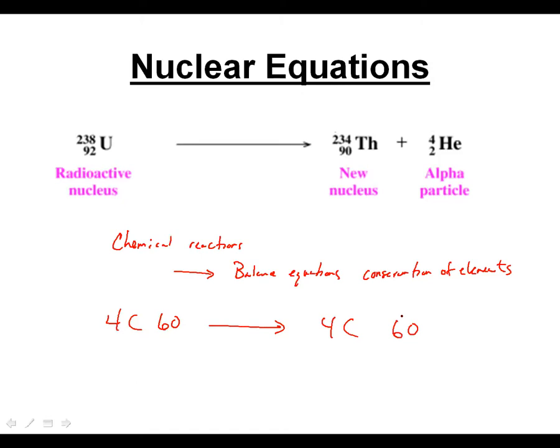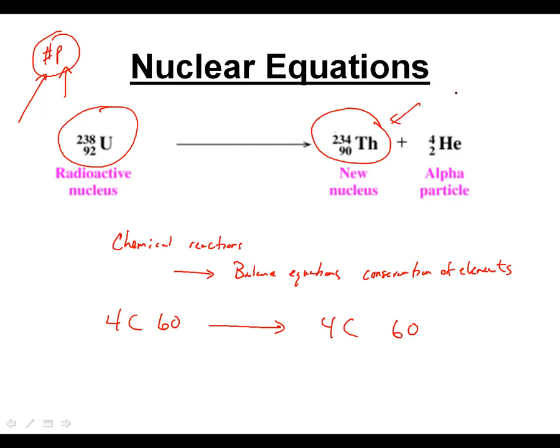And remember that the thing that determines whether or not we keep the same element is the number of protons. And that means in a nuclear reaction, we're actually changing the number of protons that we start with, and we're making some new elements.